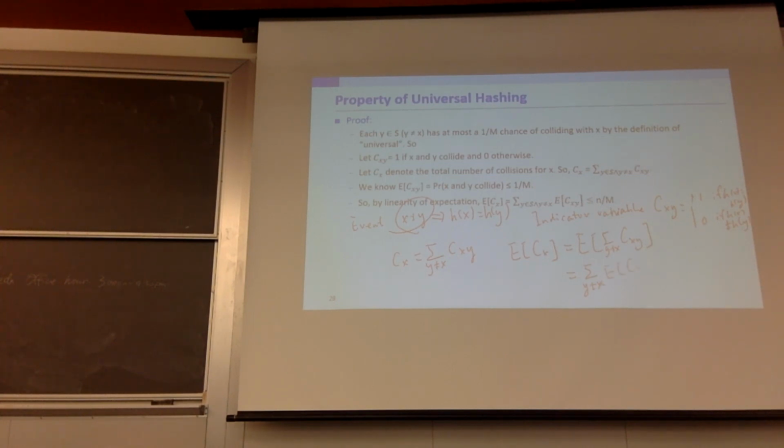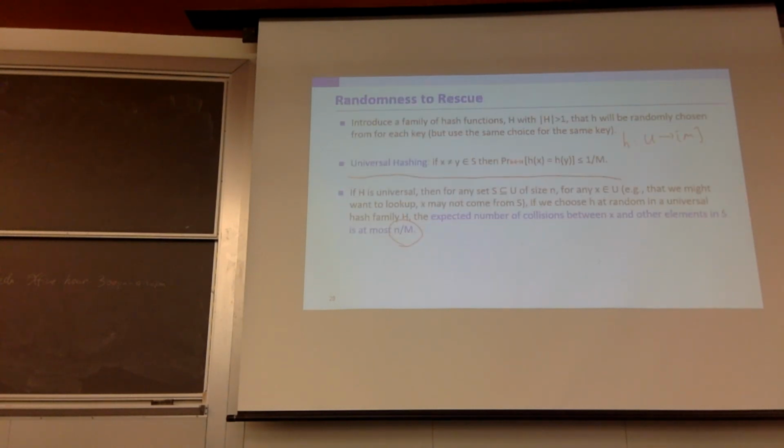This is because of the linearity of expectation. Then what is E[C_xy]? Remember, for a universal hash family, the probability that you choose a hash function that makes the two different elements hash to the same value is smaller than or equal to 1 over m.